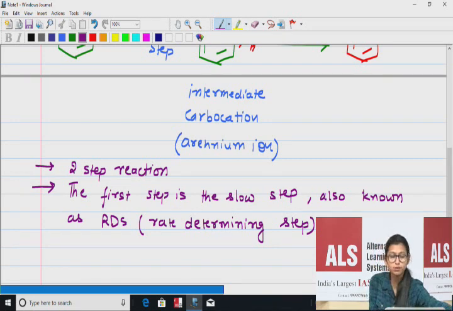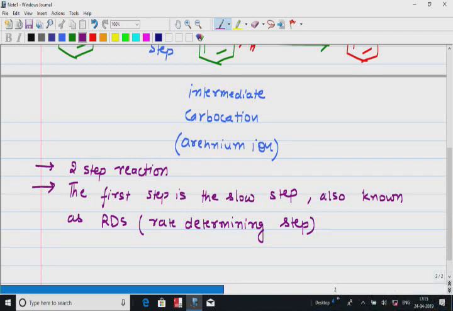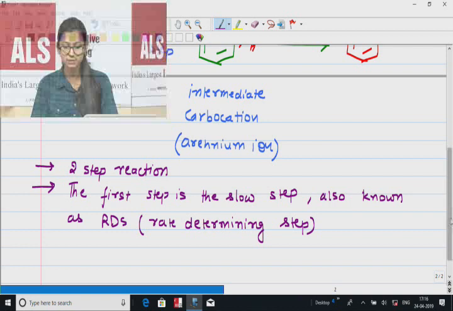Just tell me if the RDS is clear to everyone or not. Look at the screen, what I am telling you now, you are getting confused with the first step, right?